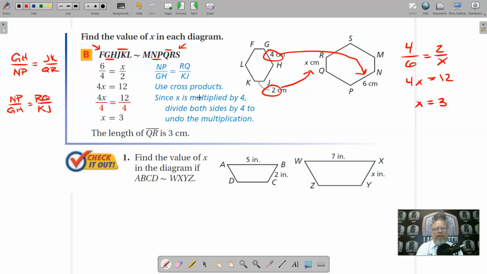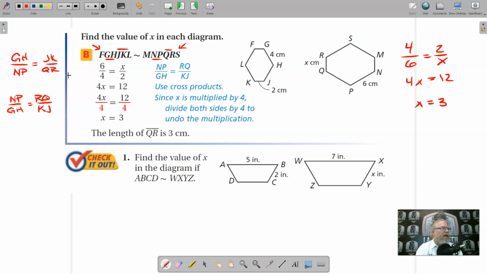Now they're doing it a little bit different over here. So let's go ahead and look how they're doing it. They went kind of the opposite direction. I work from left over to right. They're working from right over to left. Not that big a deal.